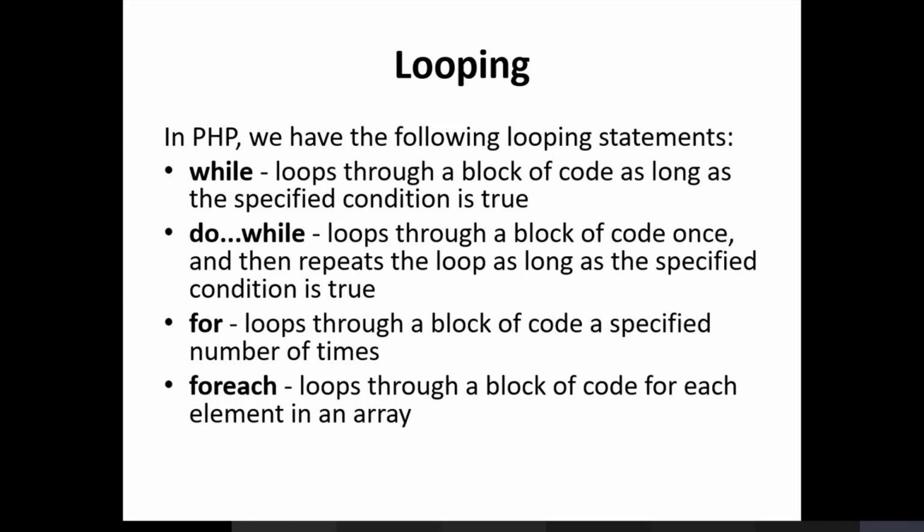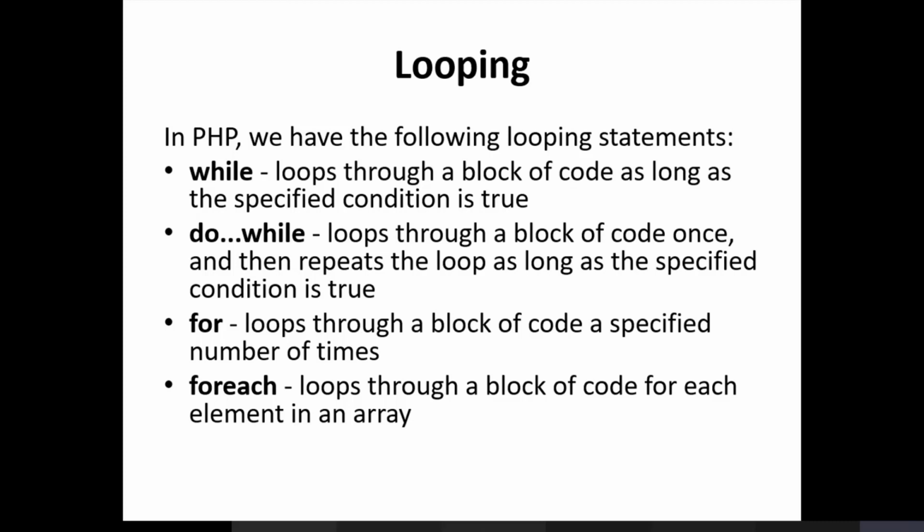That is, it will go through a piece of code for the first element. Then after completion, it moves on to the second element and again goes through the block of code. Then it moves on to the third element, then the fourth element, and so on till the last element. So that is foreach.